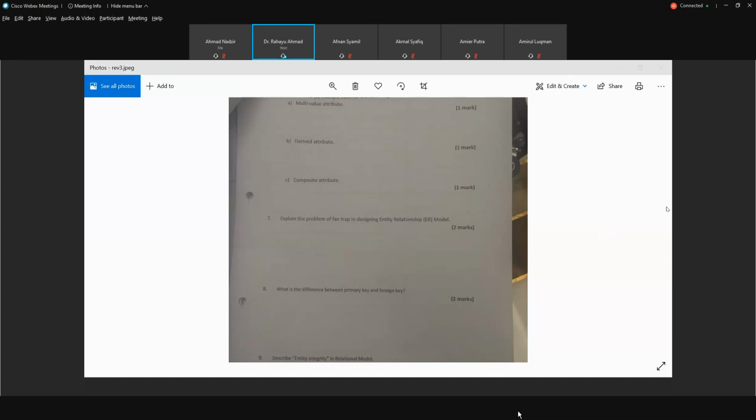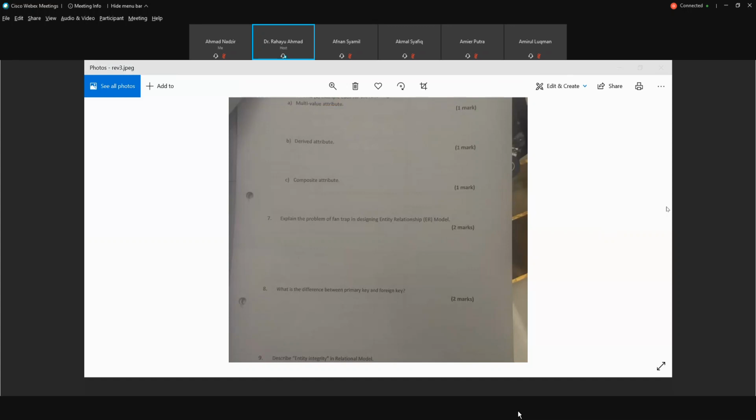For the rest, you can think of the examples. Okay, number 7, we have covered it earlier. Please look again. What does fan trap mean? Look at the example. Fan trap is usually where a relationship between entities exists but is unclear. There is a connection between the entities but the path is ambiguous. Then question 8, please also look back in the notes. What is the difference between primary key and foreign key?